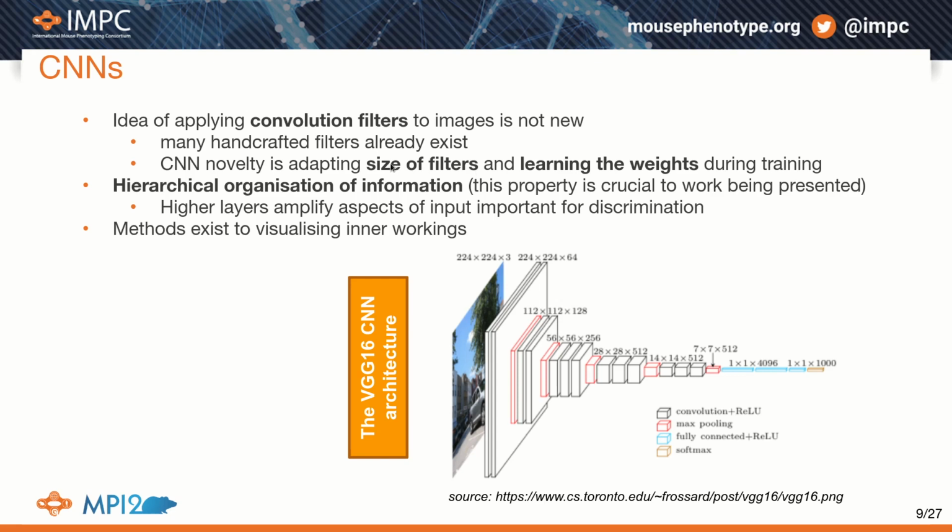We could have different sizes of filters, and in the way they are configured in the hierarchical organization, typically people have a low number of filters at the start, and then the number of filters, this last number represents the layers of filters. So you have 64, 128, 256, 512, and that gets bigger.